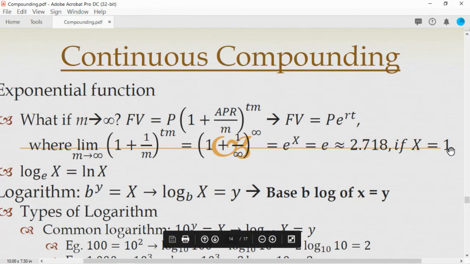So e raised to 1 is just itself. It's 2.718, 718, 18, something. It keeps on going like that. Okay. An interesting thing is, why is this number so important?